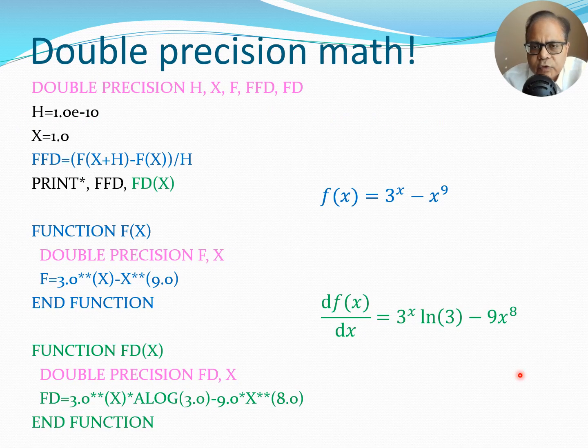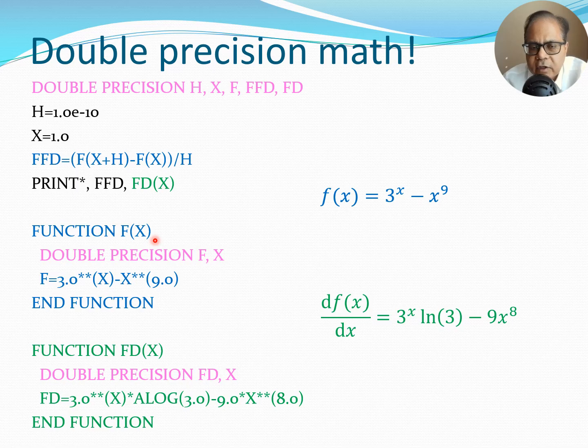So one of the ways to fix this is to use double precision math. And here what we do is that we can define the variables used in these programs, the main program and the function program, as double precision values. So we simply write double precision and we list all the variables here, such as h, x, f, ffd, fd. These are all the variables used in the main program, and also whatever variable we are using inside the function.